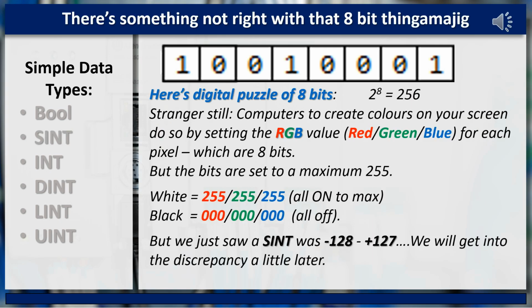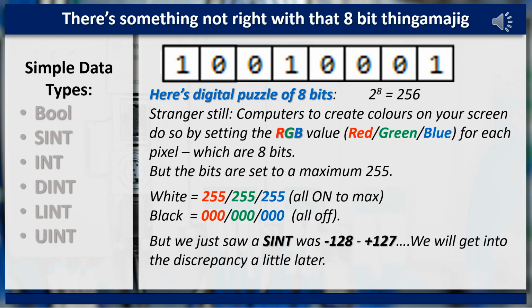Now here's a digital puzzle of 8 bits. 2 to the power of 8 equals 256. Now, stranger still, computers, to create colors on your screen, do so by setting the RGB value, the red, green, blue value for each pixel, which are 8 bits. But the bits are set to a maximum of 255.